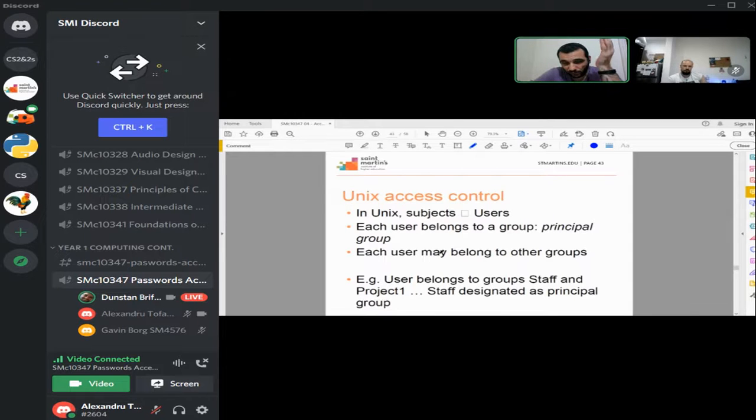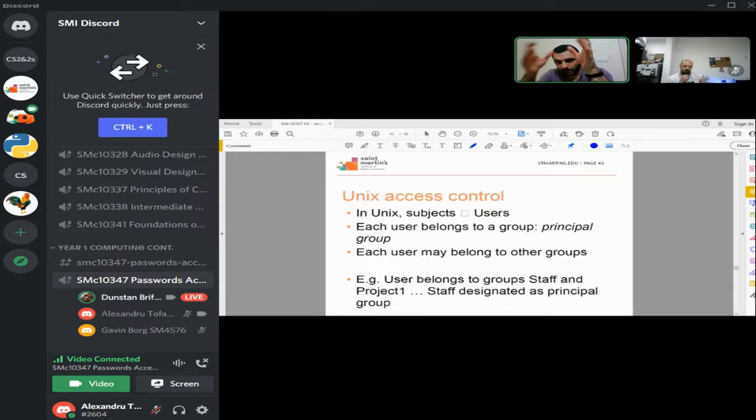However, it doesn't stop there. For Unix, it is imperative that everyone belongs to a group. Individuality doesn't exist. Everyone has to fit into a group. You can have more than one group, but you must at a minimum have one group, because everything works with groups.